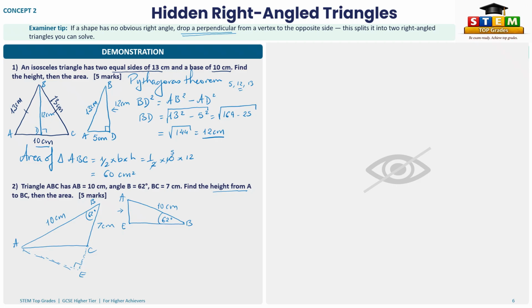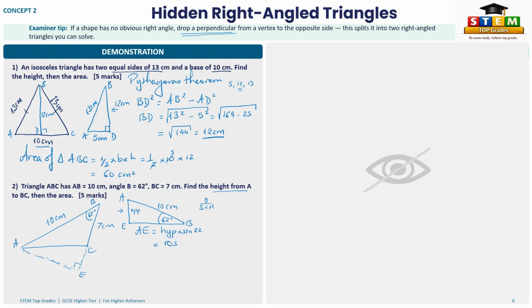Now AE, so if you remember your SOHCAHTOA, we're looking for AE, which is our opposite in that case, and opposite is hypotenuse times the sine of the angle. So the opposite AE is hypotenuse multiplied by the sine of the angle, sine 62.